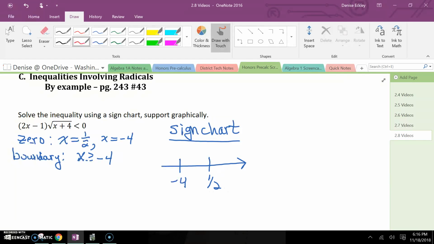And we're going to cross out this section because this is our undefined section. We don't have to choose any values smaller than -4. They're undefined. So in between -4 and 1/2, I'm going to choose 0 to test. And bigger than 1/2, I'm going to choose 1.